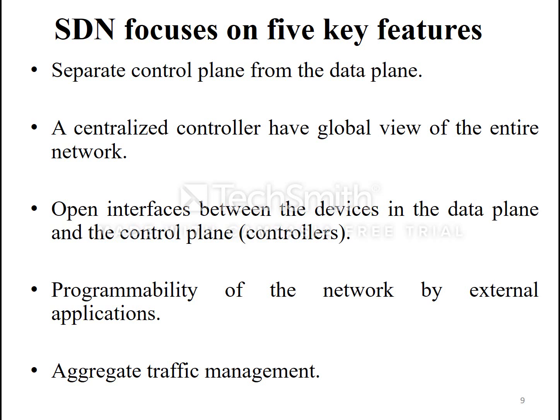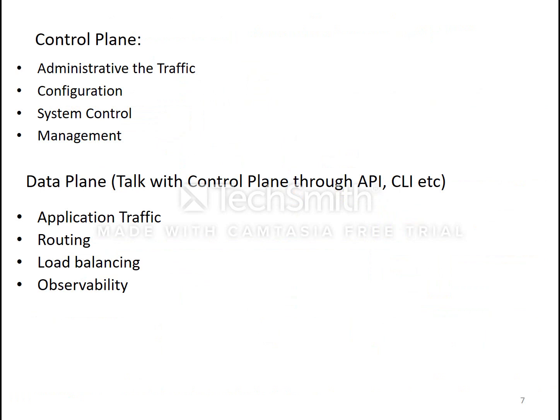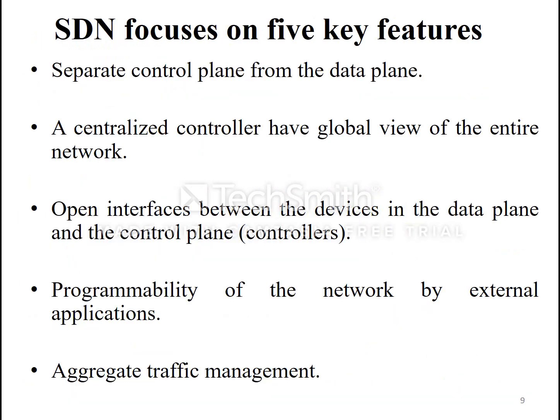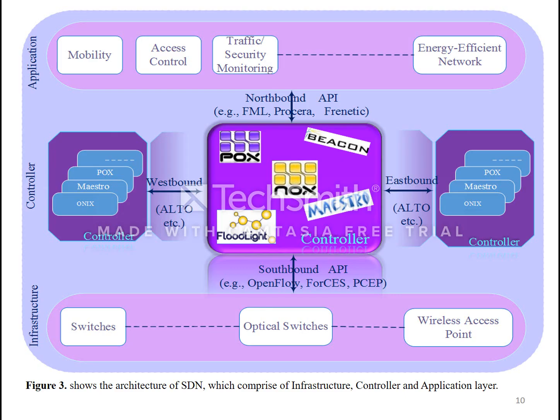So they will do the load balancing with the help of OpenFlow and the data plane. As I said in the previous slide, the load balancing role is done by the data plane with the help of the control plane. The data plane has no independent role.